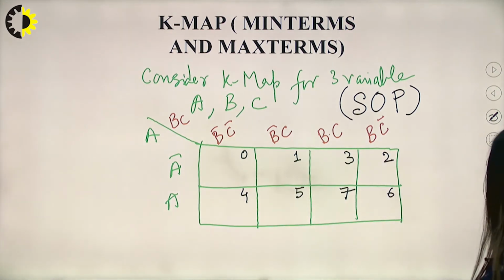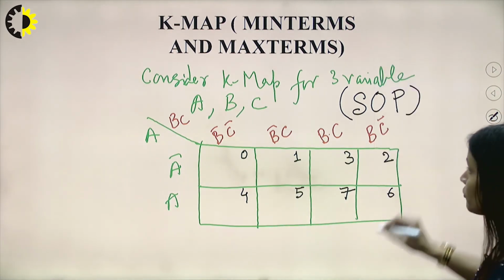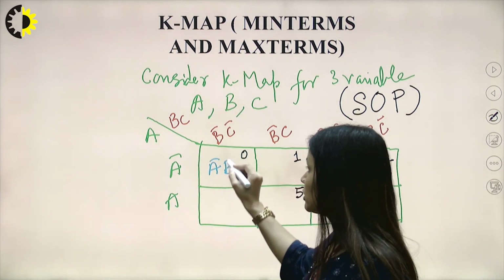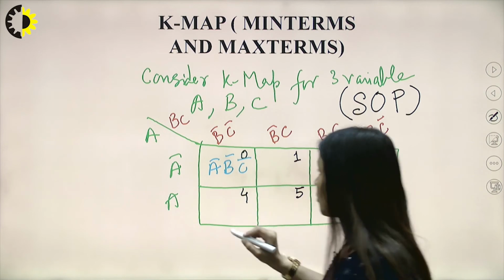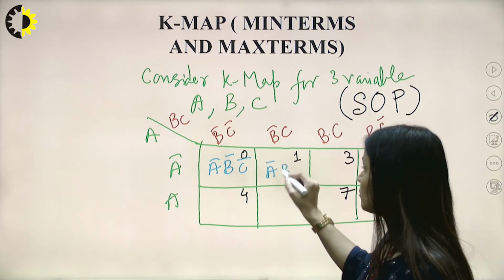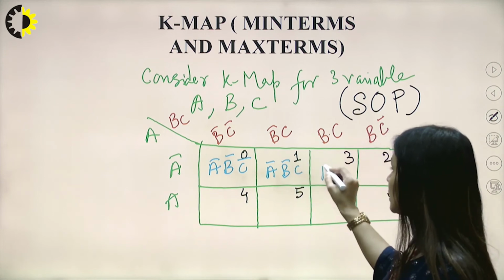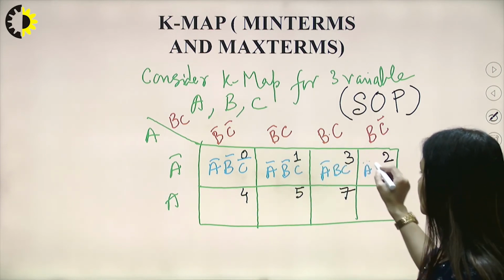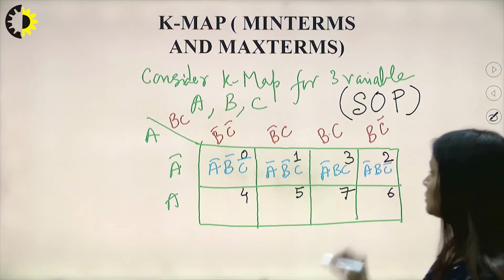Similarly, I can write one more analysis, that this is the block corresponding to the sum of product A bar B bar C. This is for A bar B bar C. Here A bar B C. Here A bar B C bar.